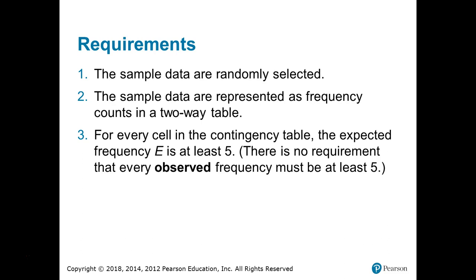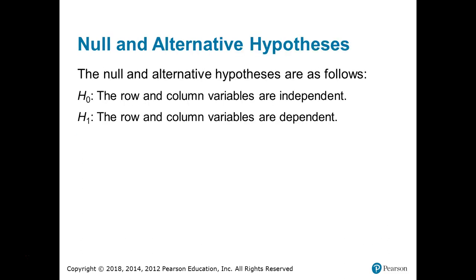Notice it's not that you need 5 observed frequencies, but the expected frequencies need to be at least 5. The null hypothesis is that the row and column variables are independent, so the alternative, H1, is that the row and column variables are dependent.